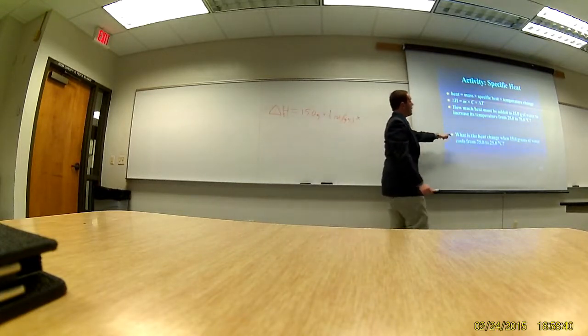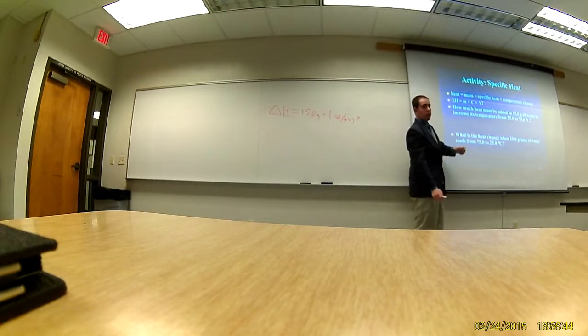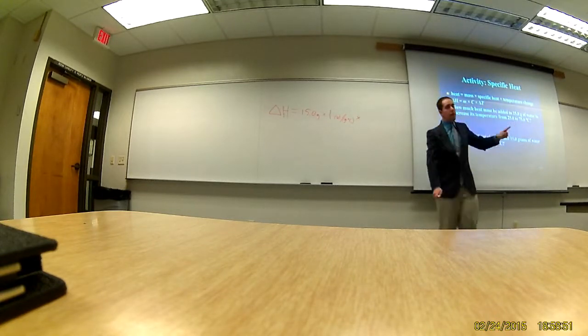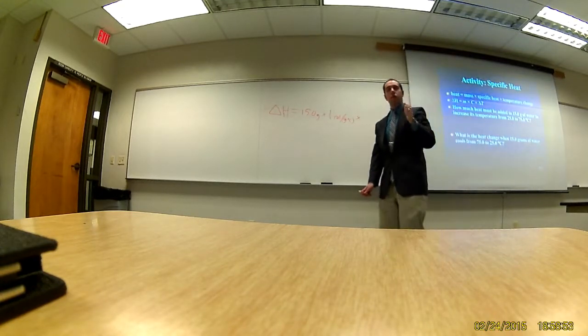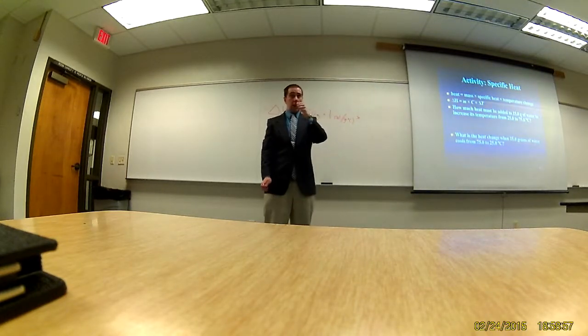The sign, positive or negative, on a delta T is going to determine whether a delta H is positive or negative. So in this case, is our delta T positive or negative? Is it changing up or is it changing down? It's changing up.